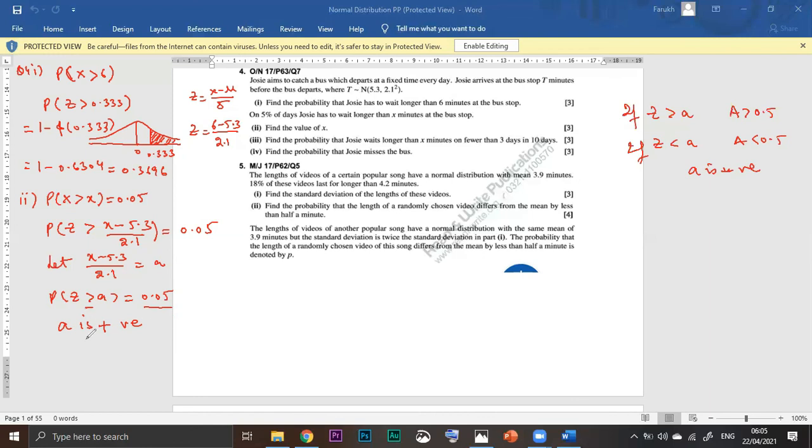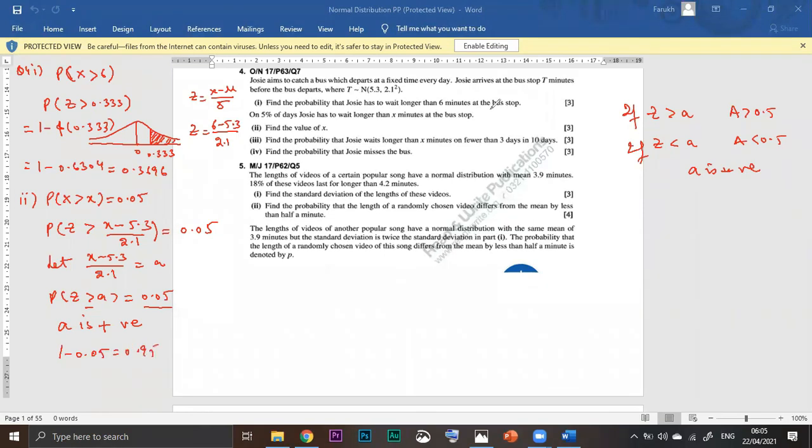Now as you can see, the area is less than 0.5, and we do not have any area in the table which is less than 0.5. We will subtract this from 1, we will get 0.95.